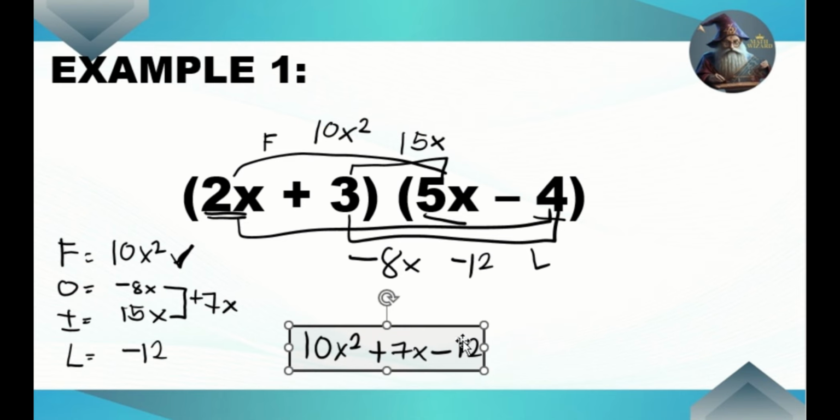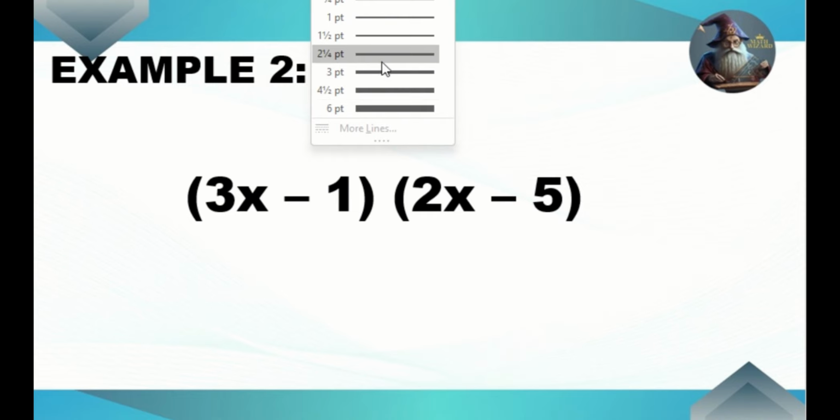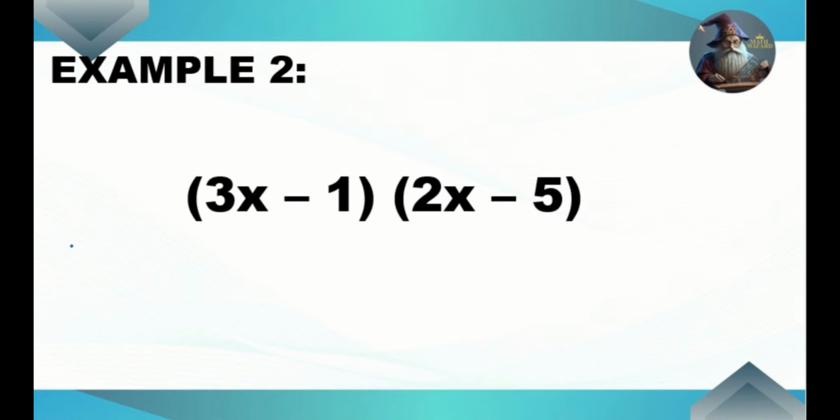Okay, if you are still confused, let's do one more example. Let's try a different color. Next, we write FOIL again: F-O-I-L. Again, this is our F. 3 times 2. F, 3 times 2, that is 6.